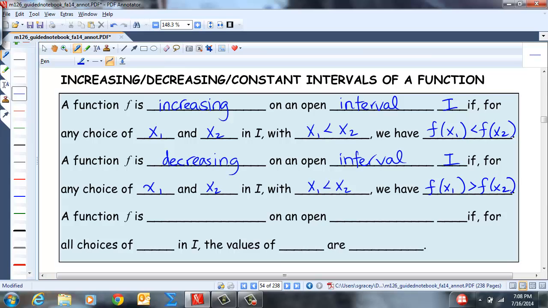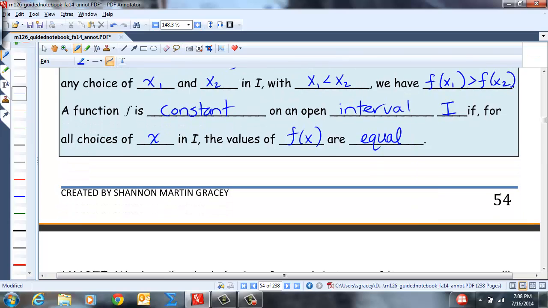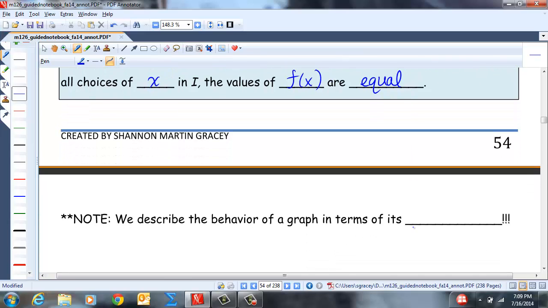So as we move from left to right, the y values are getting smaller. A function f is constant on an open interval I if for all choices of x in the interval, the values of the function are equal. So all the y values are the same no matter what choice you make for the input value x.